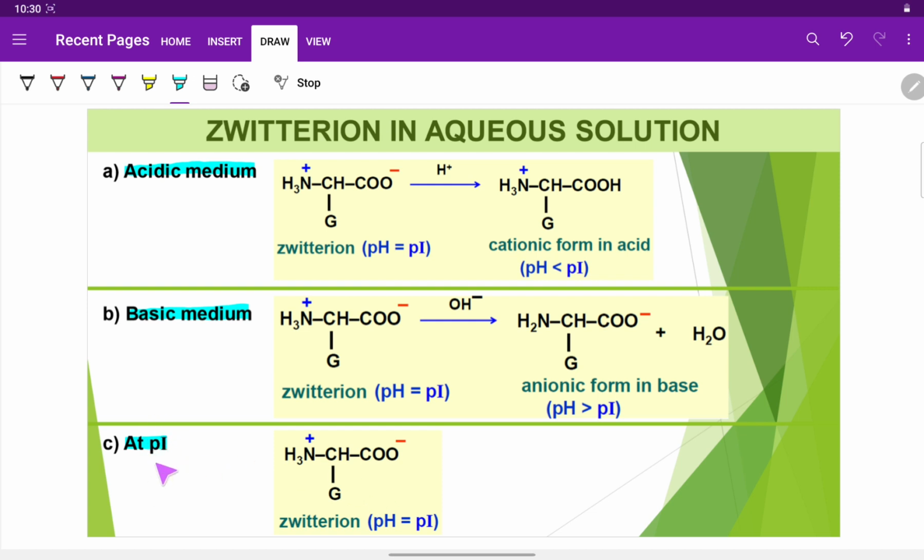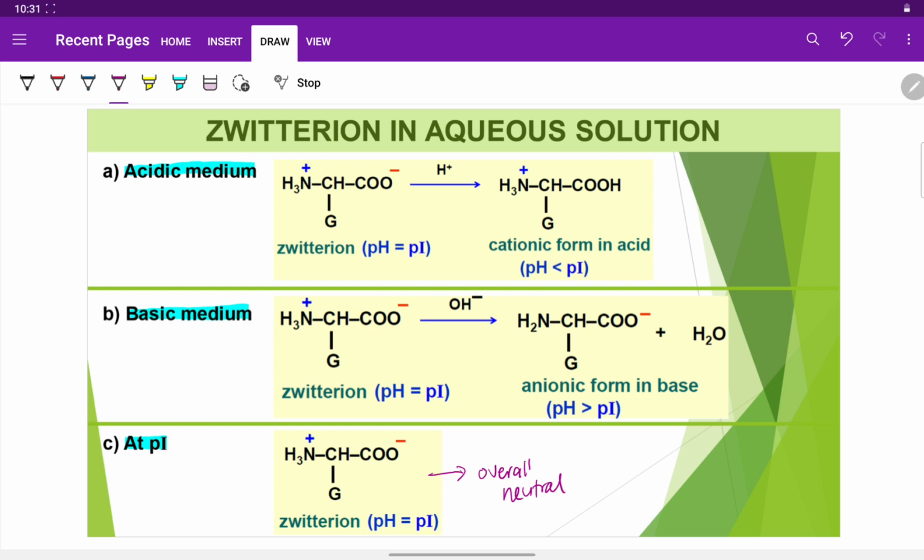So saya start dengan yang bawah dulu, C. Kalau dia berada pada isoelectric point, so pH sama dengan isoelectric point, your amino acid will exist as a zwitter ion. So maksudnya dua-dua side ni adalah charge, negatively charged, positively charged. So overall adalah neutral. Dekat sini saya tulis overall neutral.